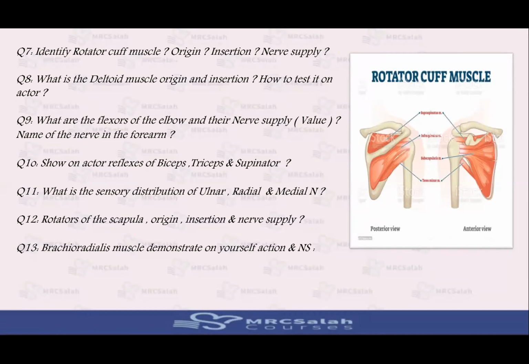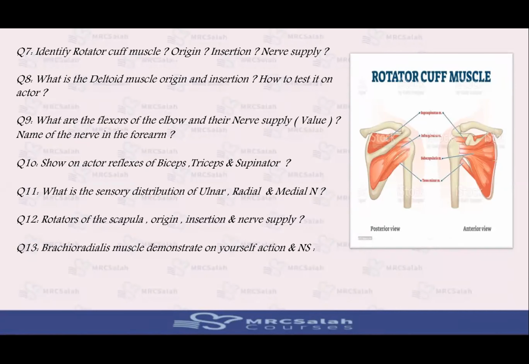And where is it inserted? Inserted into the clavicle, the scapula, the acromion and the spine. Okay, and what about the nerve supply? Supplied by the spinal accessory nerve.